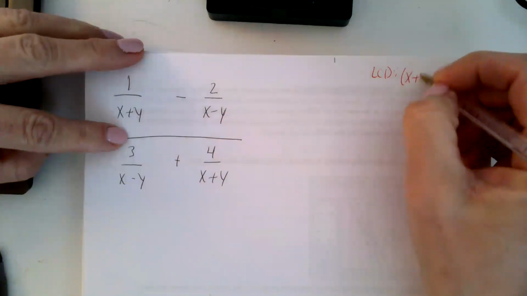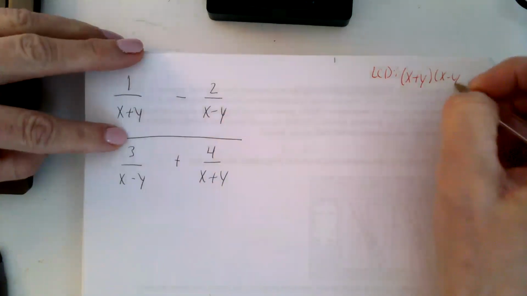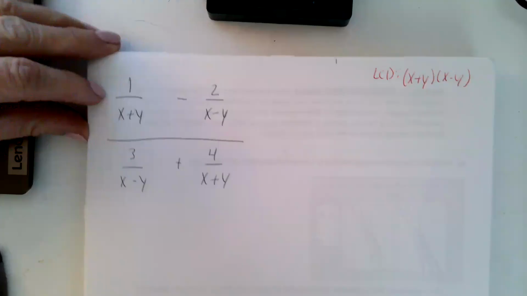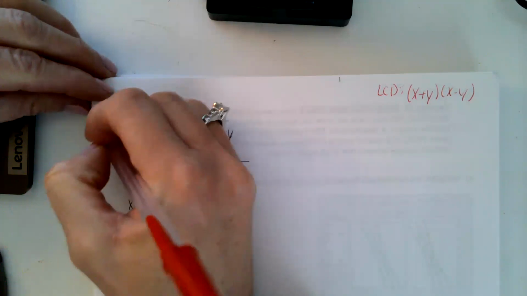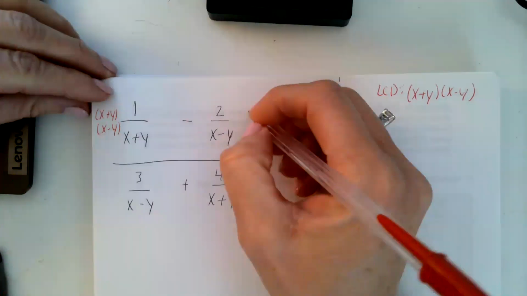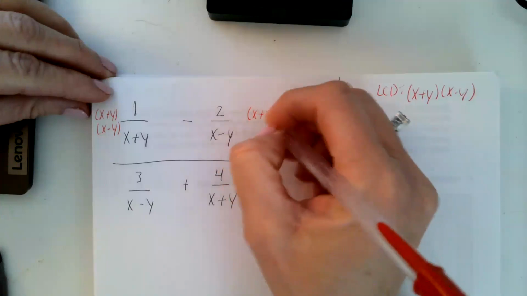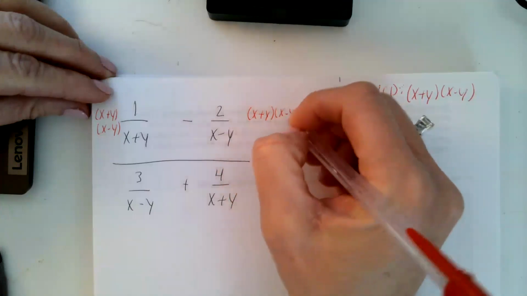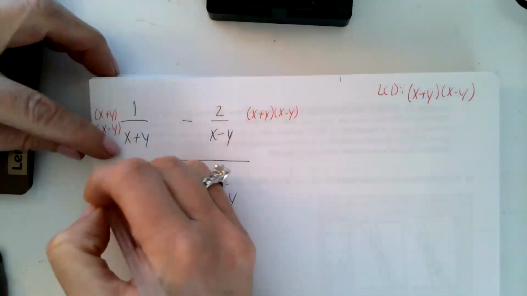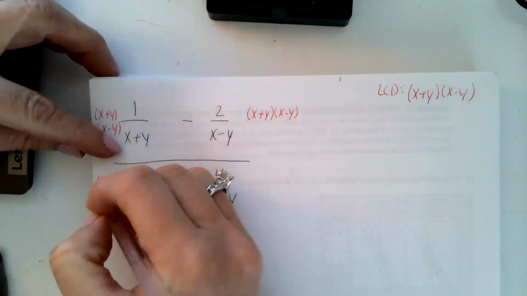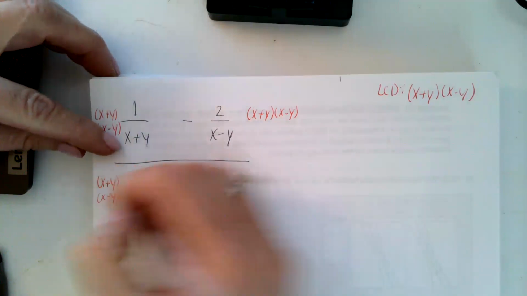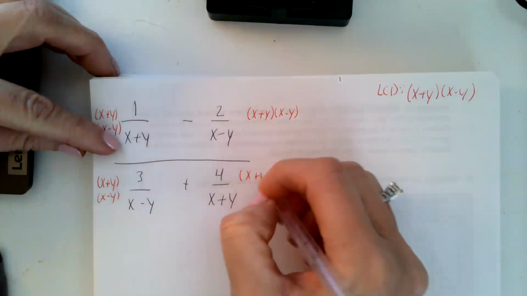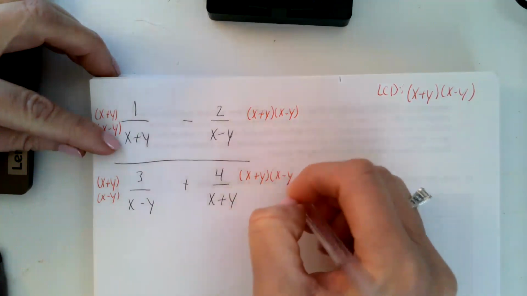So x plus y times x minus y. So I'm going to multiply by x plus y times x minus y, x plus y times x minus y, x plus y times x minus y, and x plus y times x minus y.